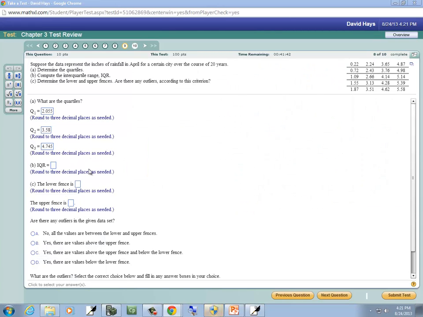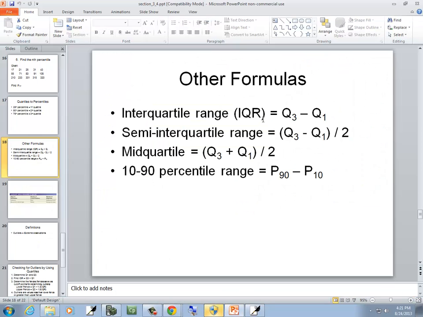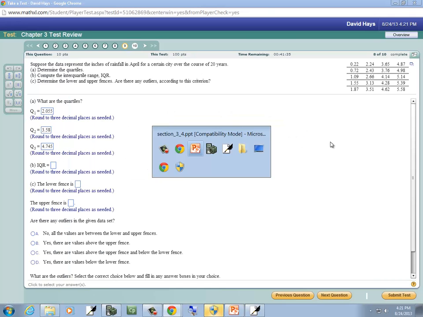Okay, our IQR. This is our formula. The IQR is Q3 minus Q1.